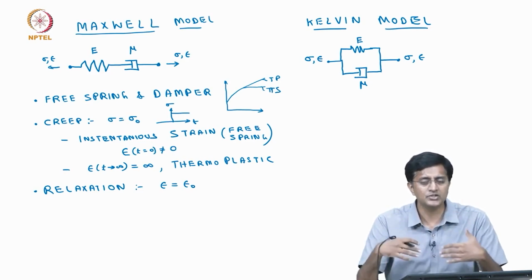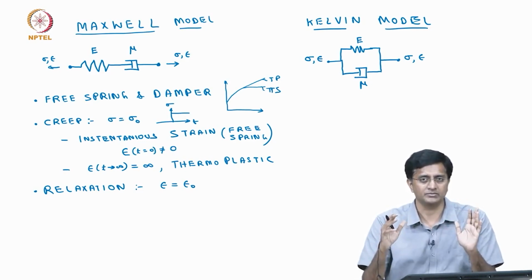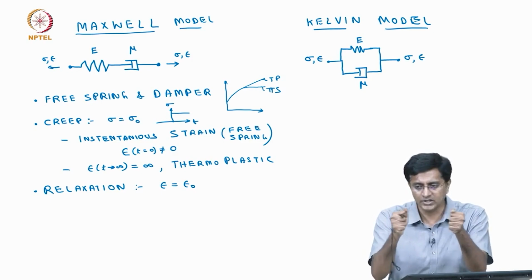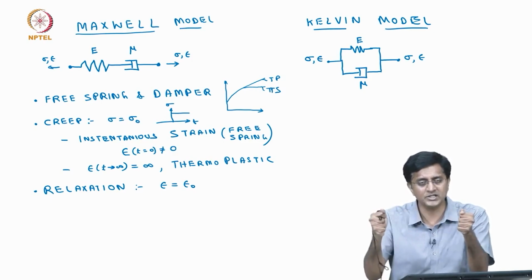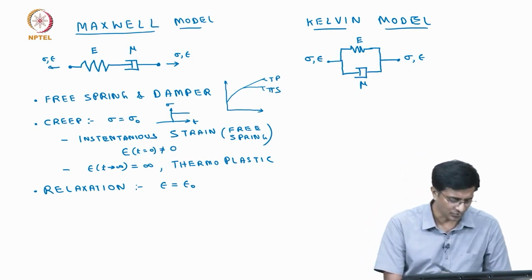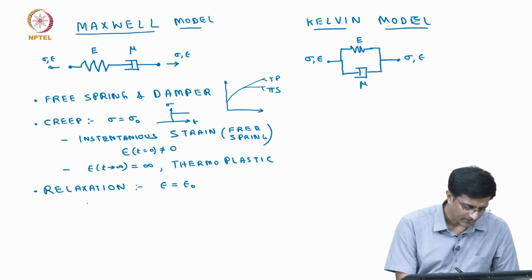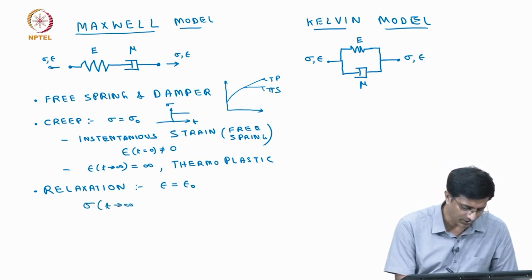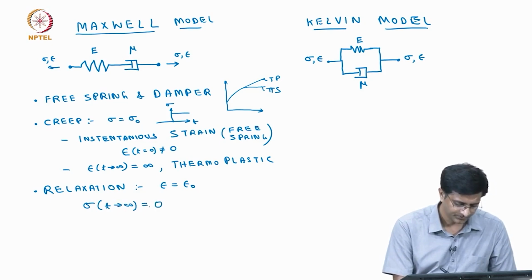There is no resistance coming from the damper, because the initial stretch is taken care of by the damper, and you have given enough time so that it has readjusted and gone back to the zero stress state. So stress as time approaches infinity goes to 0.